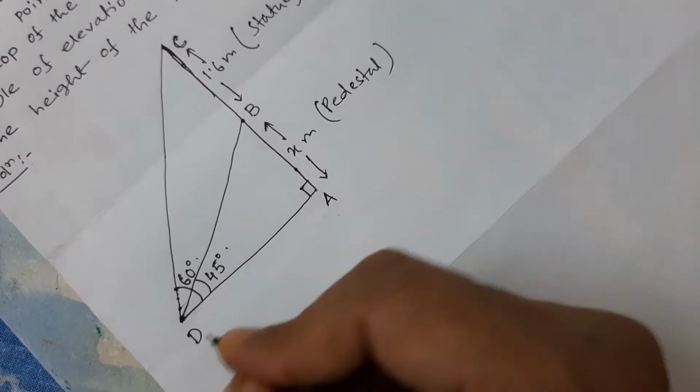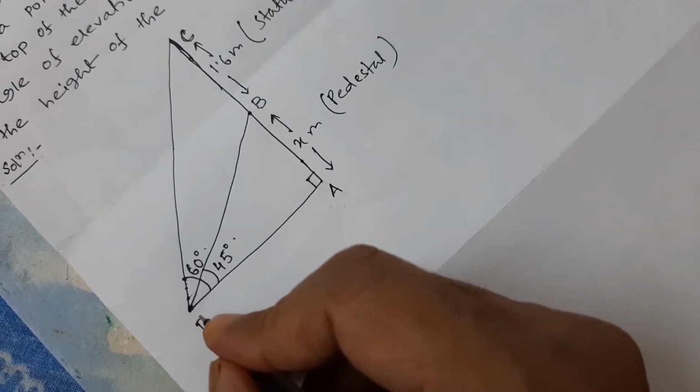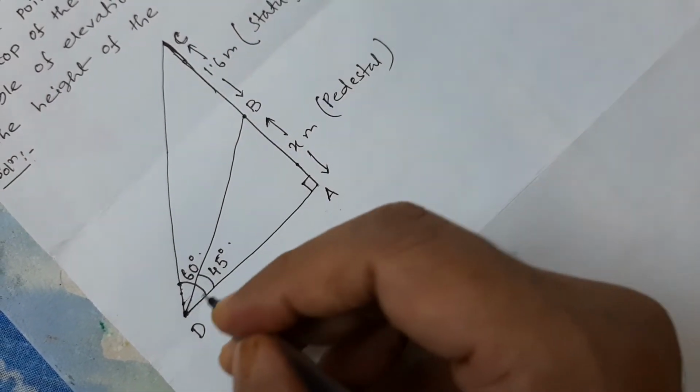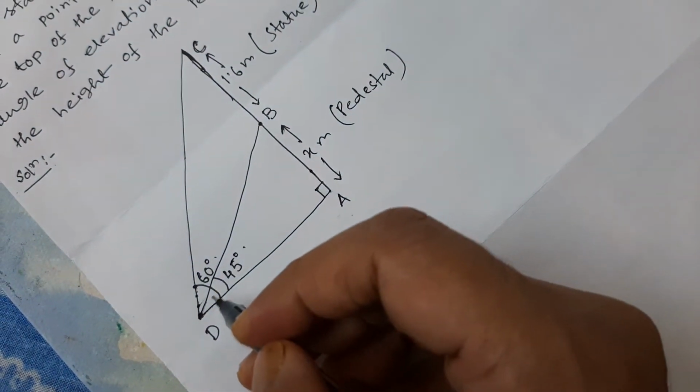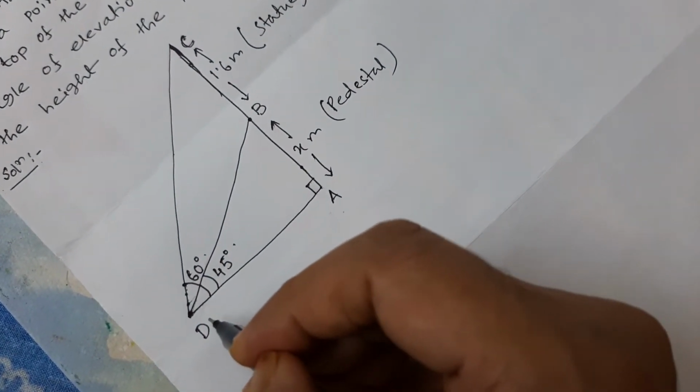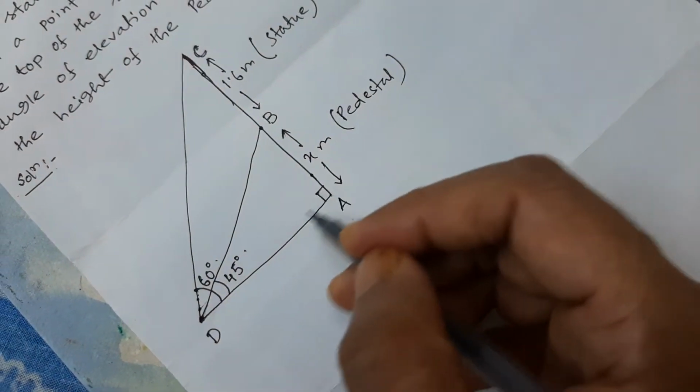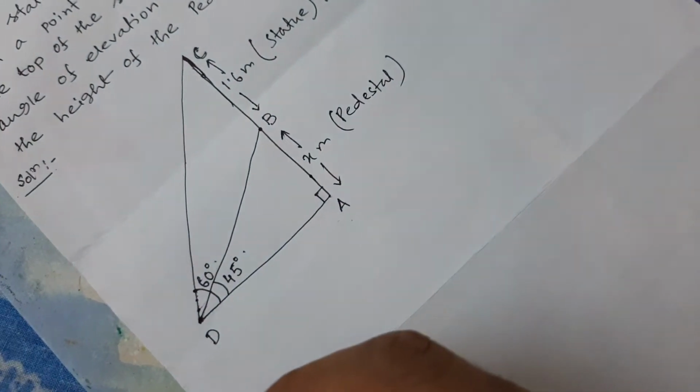And AD ground level, D is any point on the ground. So angle of elevation from D to the top of the statue, that is 60, and from same point D to the top of the pedestal, that is 45 degree.